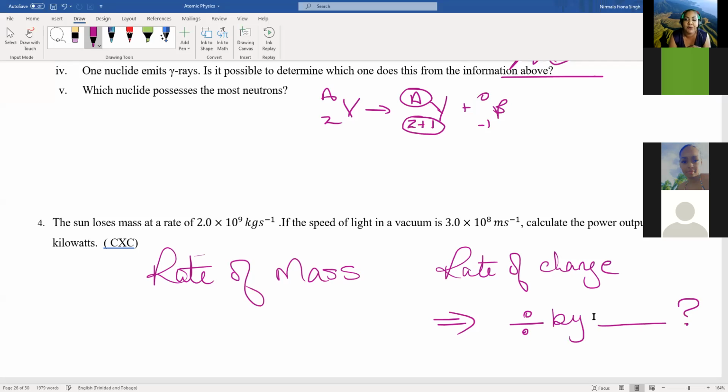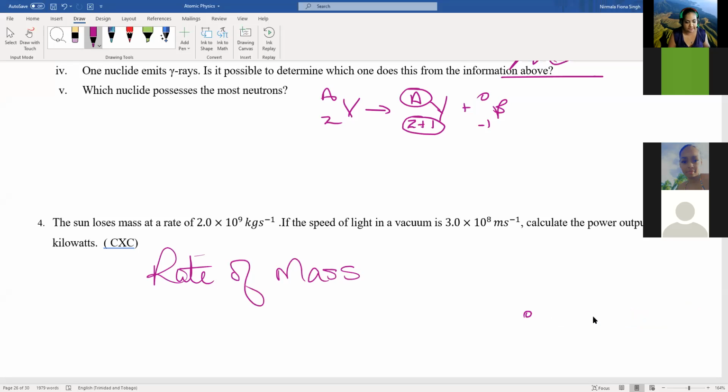We did that whole of first term. We mean to divide by time. So mass at a rate of, they are telling us how much mass is being reduced in 1 second, or during time.